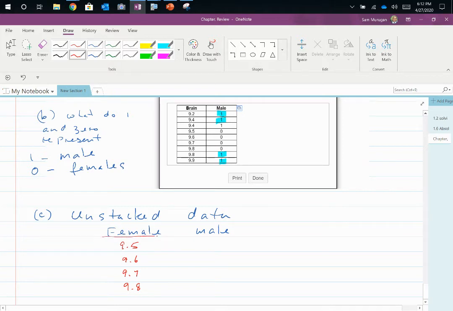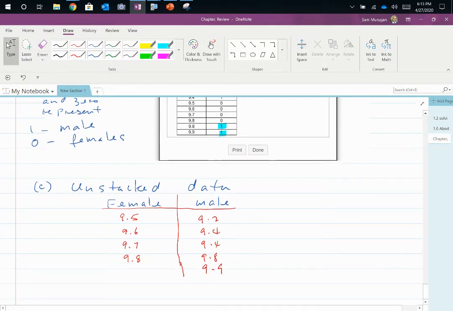And the male data would be 9.2, 9.4, 9.4 again, 9.8, and 9.9.